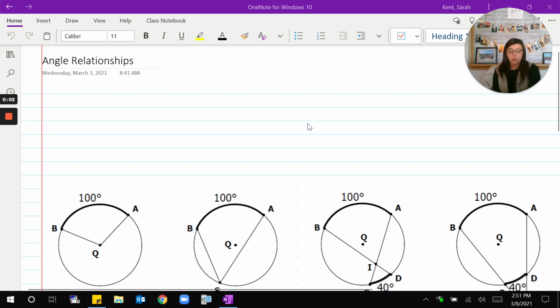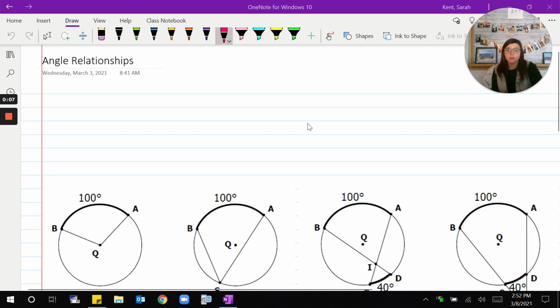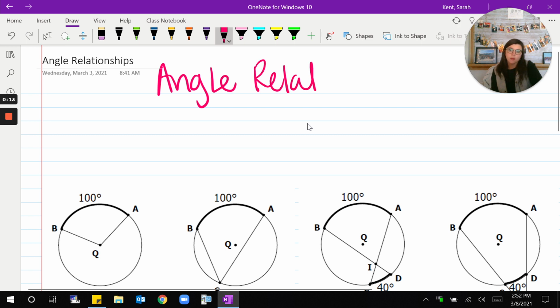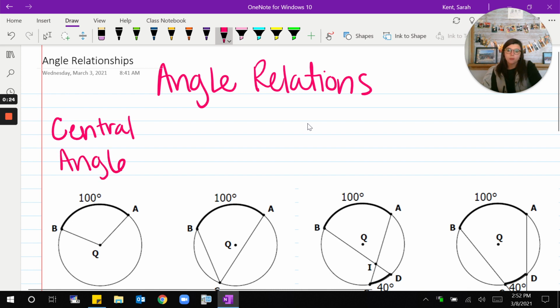All right, today we are looking at angle relationships. So there are 4 different types of angle relations that we're going to look at. One type is going to deal with a central angle. Another is going to be an inscribed angle.